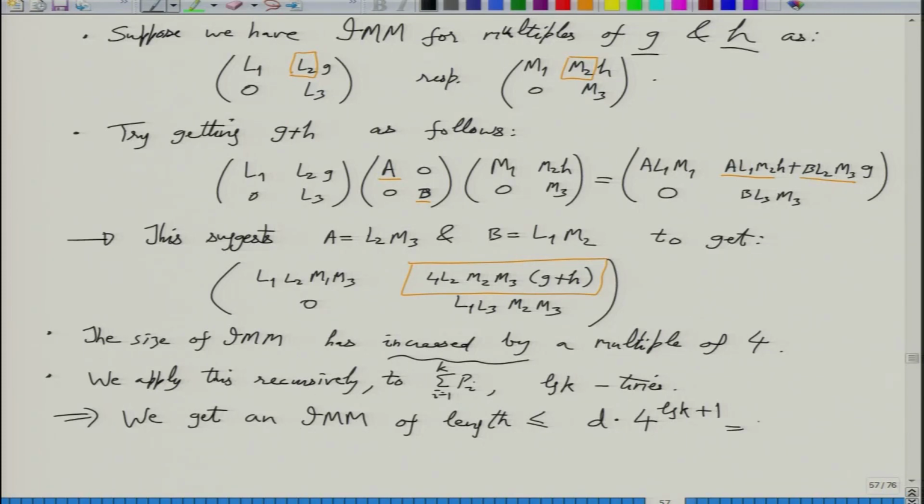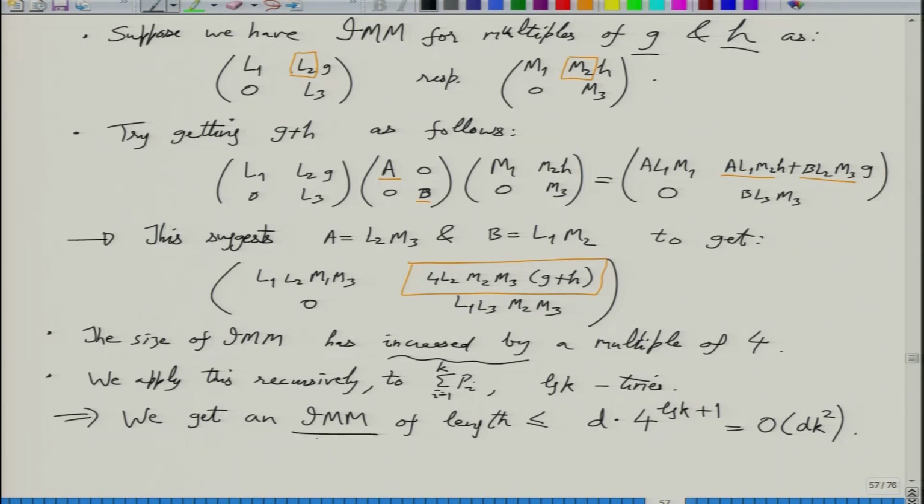So this gives you order dk square. That's the length. So you have dk square many matrices, 2 by 2. Each matrix has linear entries and it is upper triangular.